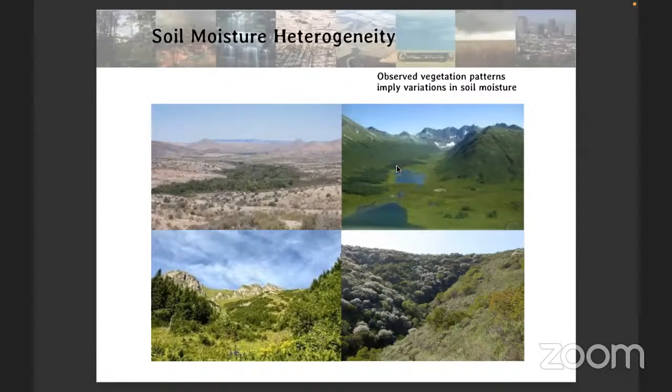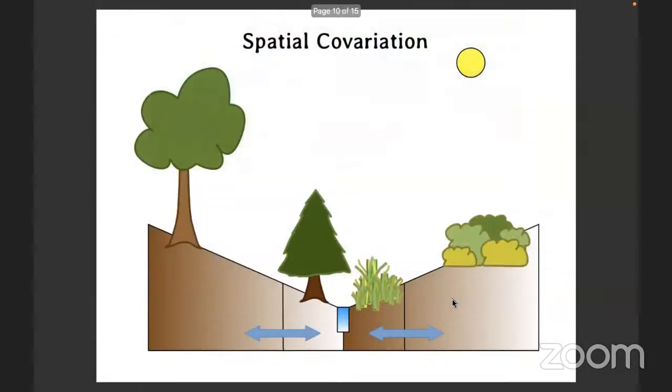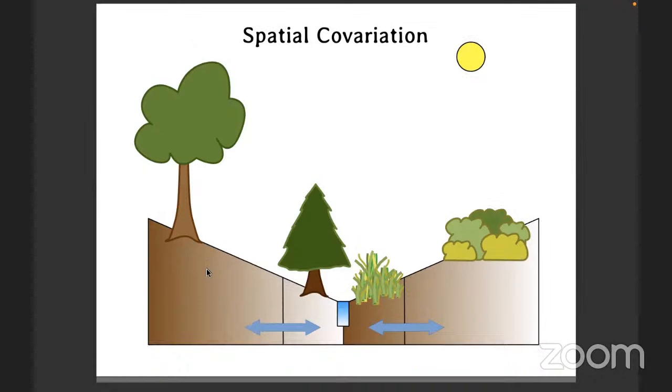So these are some examples of places where you see, in some cases, sharp gradients in vegetation, and these are related to the topography and the soil moisture within them. And so what this might allow us to do then is look at some of the spatial covariances between things like vegetation and position on the hillslope and soil moisture and position in the hillslope, and start to look at why some of these patterns emerge.